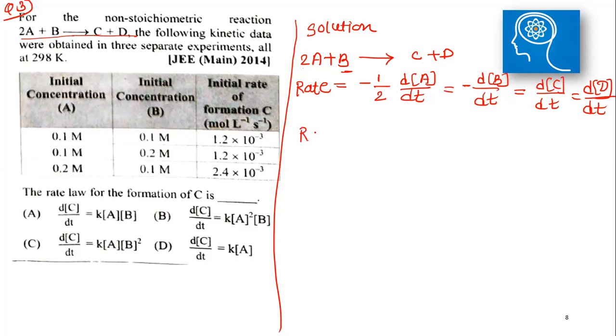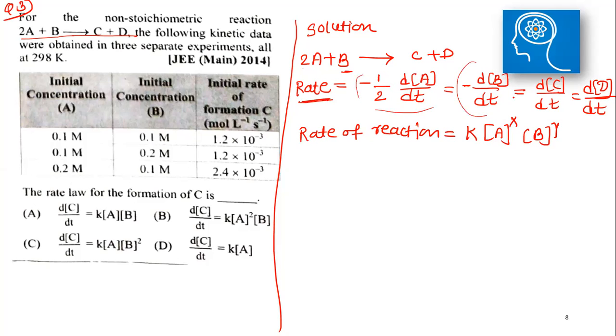Now, rate of the equation. तर ह्याच्यावरनं आपण लिहू शकतोय rate of the given reaction equal to k concentration of A to the power x, concentration of B to the power y. रेट ऑफ द रिएक्शन मध्ये तुम्ही कुठलंही पुट करू शकता, ओके, सो कुठलंही पुट करू शकता.